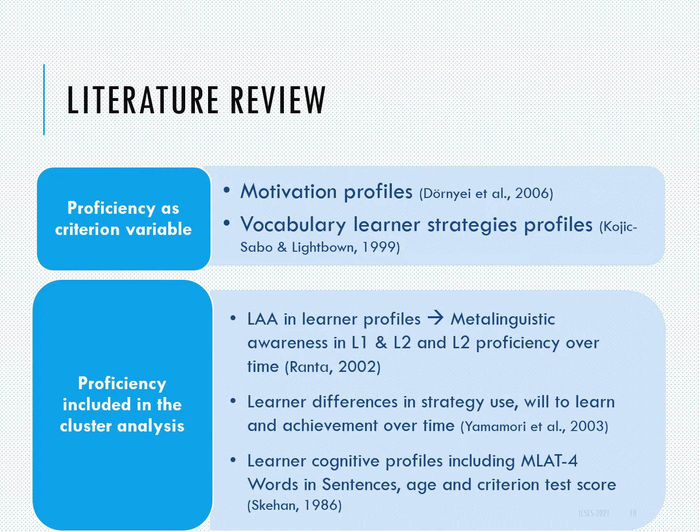While if we include proficiency, then we are in front of studies on learner profiles. Some examples are that of Ranto, studying the role of language analytic abilities and metalinguistic awareness, that of Yamamori et al., dealing with the use of learning strategies, or that of Skian, who studied cognitive profiles and also included age and a criterion test score in the mix.